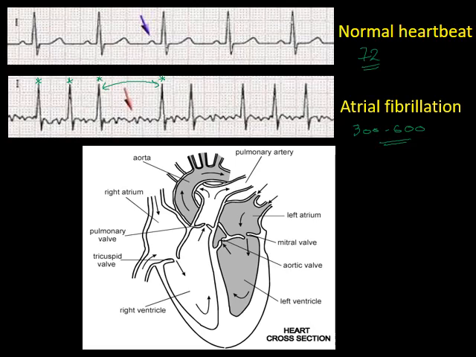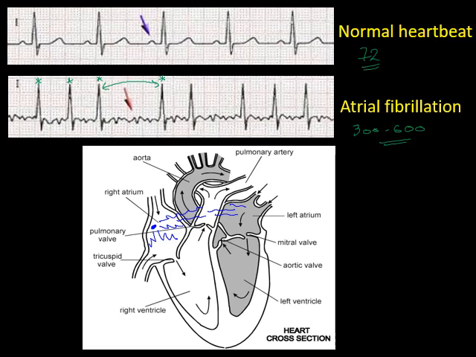Now, if we look at the picture of the heart underneath, we can start to draw on why this occurs. So we know the SAN node is in the right atrium wall, and it should pass the wave of depolarization across both atria in a nice coordinated manner. But in atrial fibrillation, there's a haphazard passing of the electrical impulse through the atrial muscle wall.